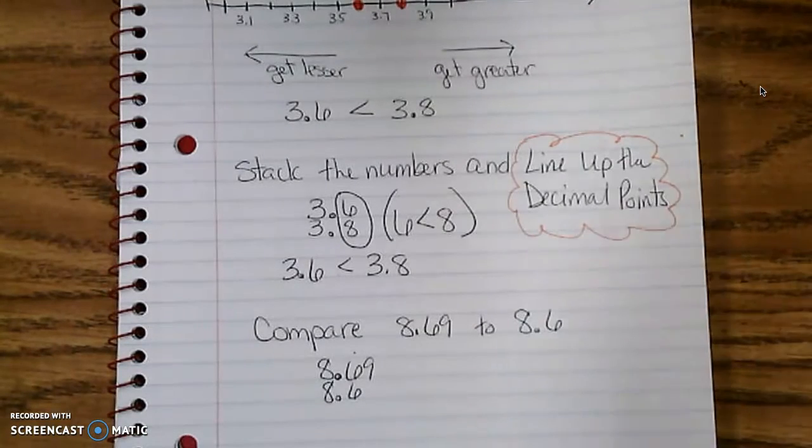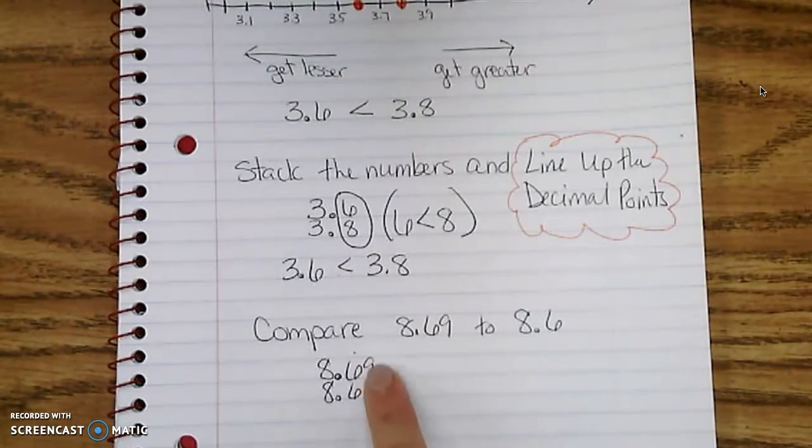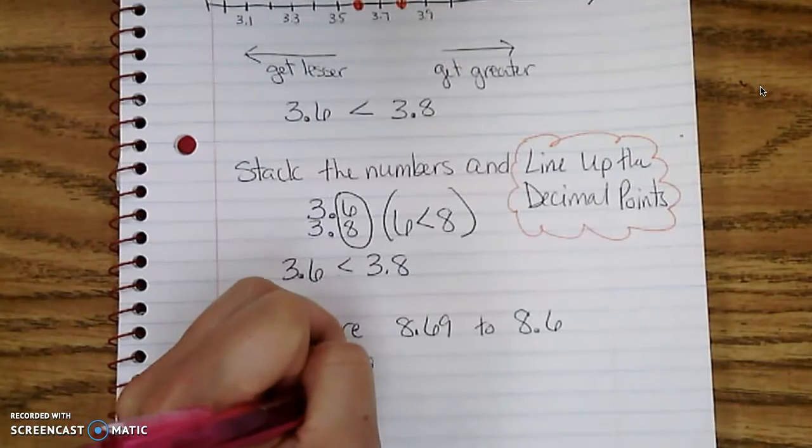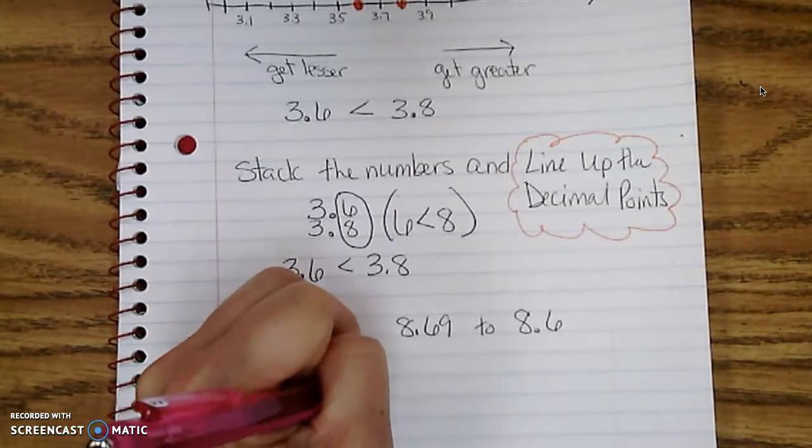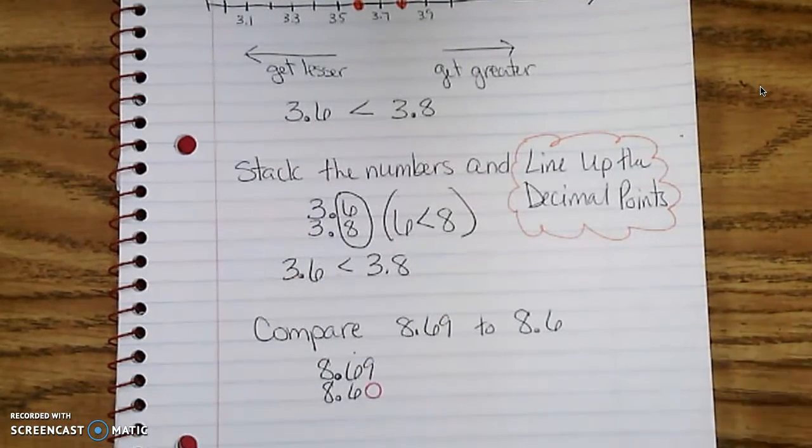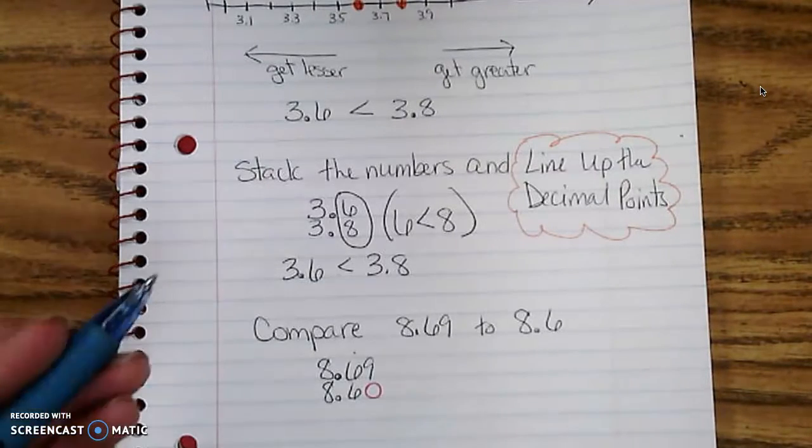To compare in this place value, I'm going to annex a 0. It's called annexing a zero because, as we learned in an earlier lesson, in a decimal I can add zeros at the very far right without changing the value of the number. It's just like a placeholder.